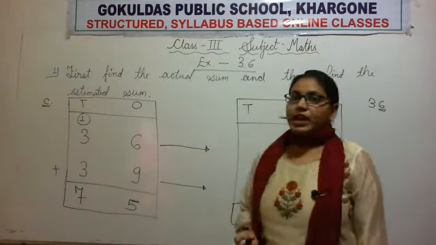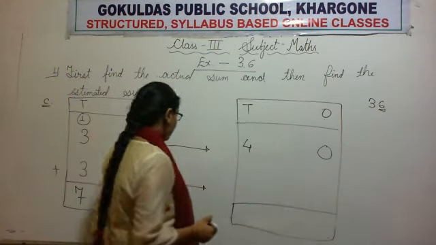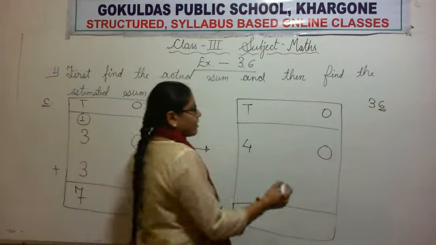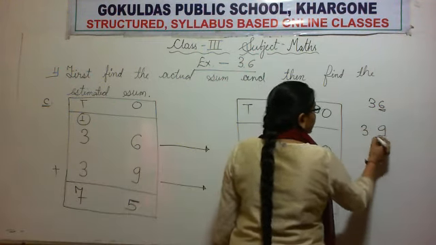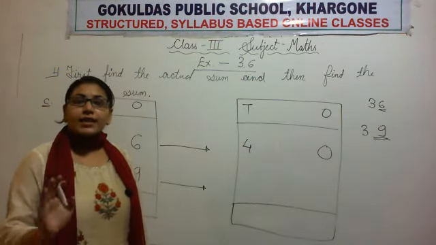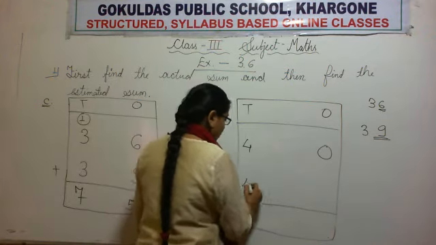It means we will round it up to 40. Now, again 39. The next number is 39. See, 39 is having 9 at ones place. So, 9 is greater than 5. It means we will round it up to 40.